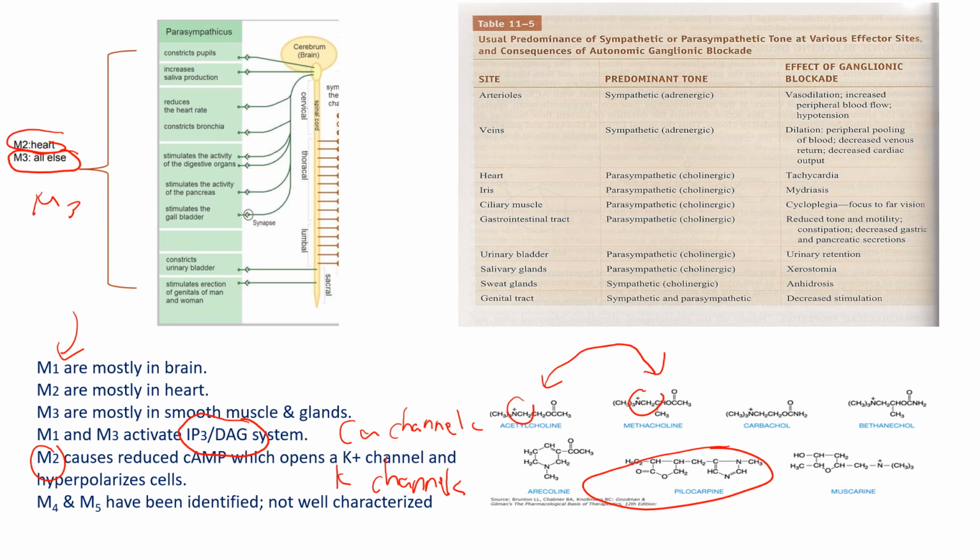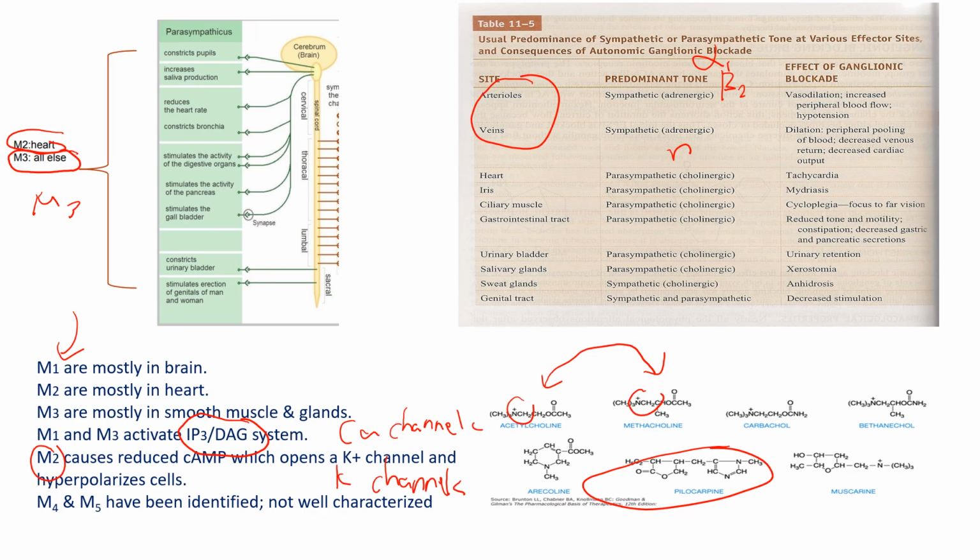And then just a few areas where these work: you can see the arterioles and veins are only sympathetic. You might get a question on this. If you remember, for example, alpha 1 receptors will constrict vessels and beta 2 will dilate skeletal muscle vessels, there's no parasympathetic equivalent.